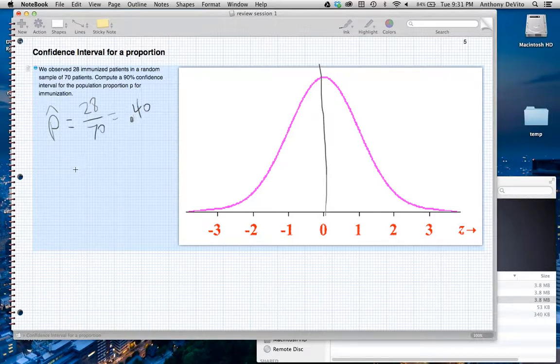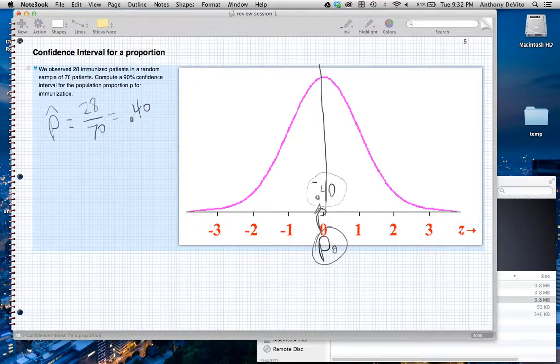I'm not really interested in the sample population. I'm interested in the proportion for the entire population. I'll call that P0. What is that level of immunization? Well, in my sample distribution, I know P cap, my kind of like X bar, is equal to 40%, 0.40.